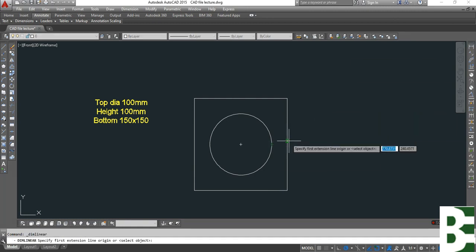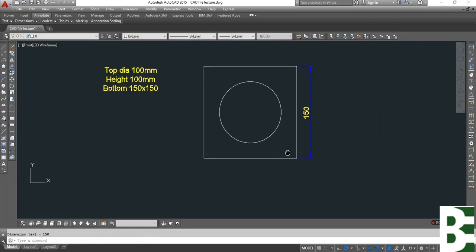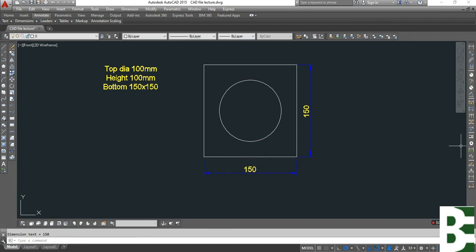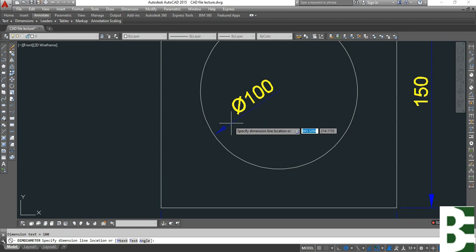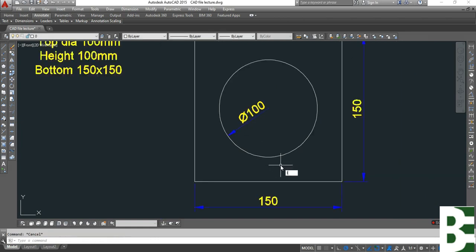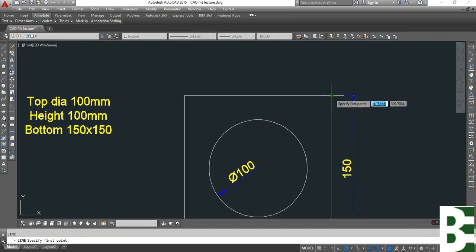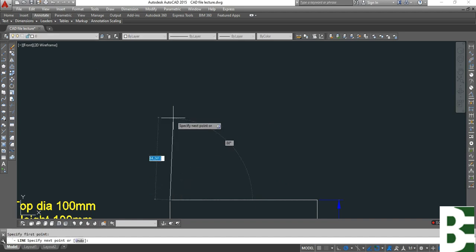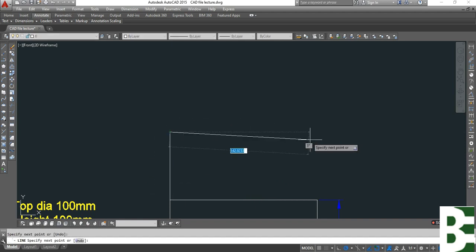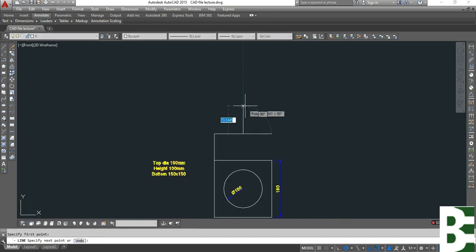If I see my transition from the top, it will look like this. You can see 150 by 150 and the diameter 100 millimeter. From the side view, I will project a line from the corner.